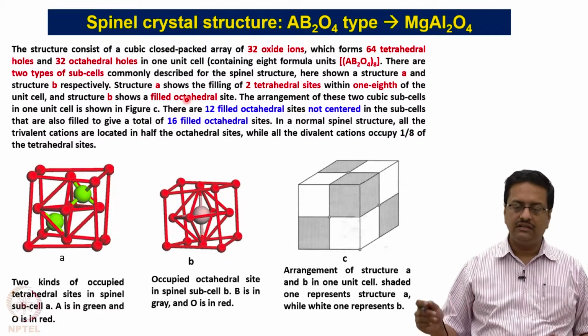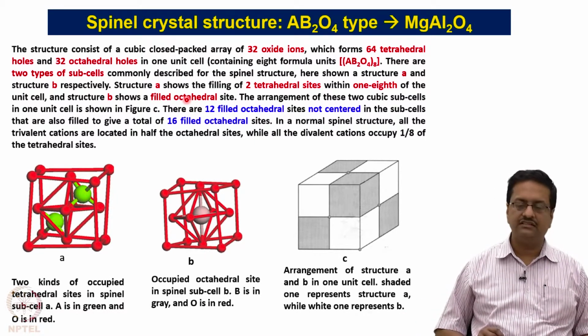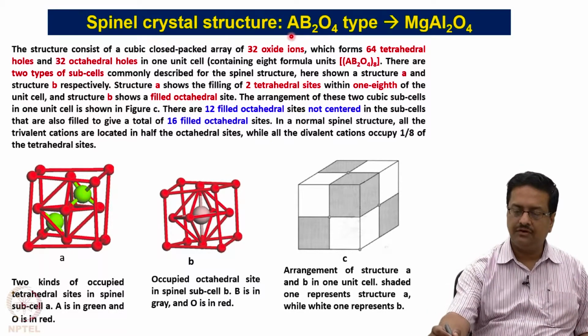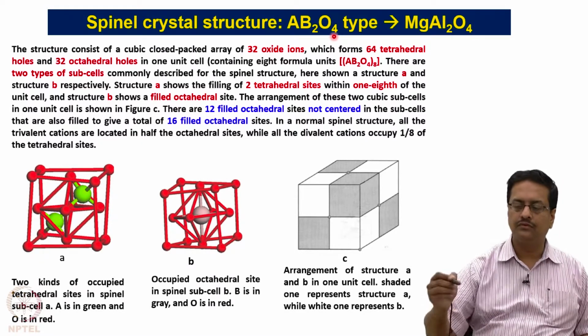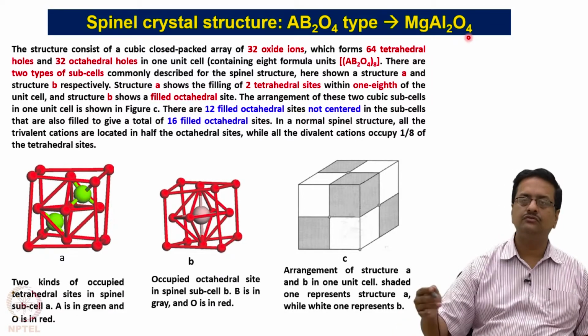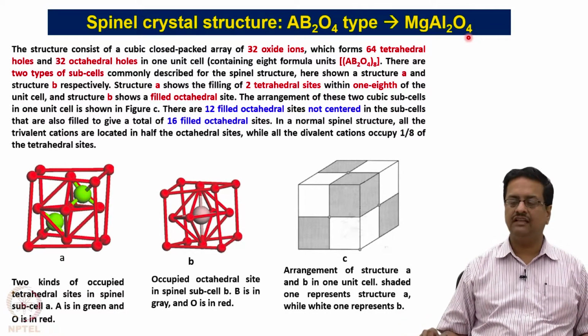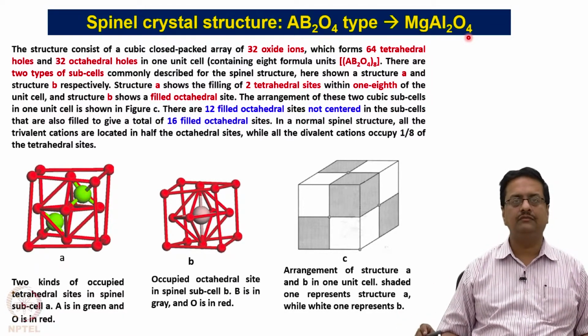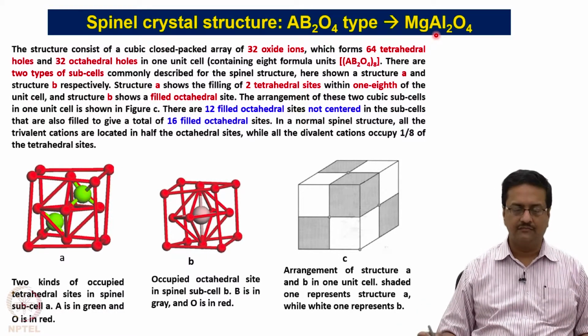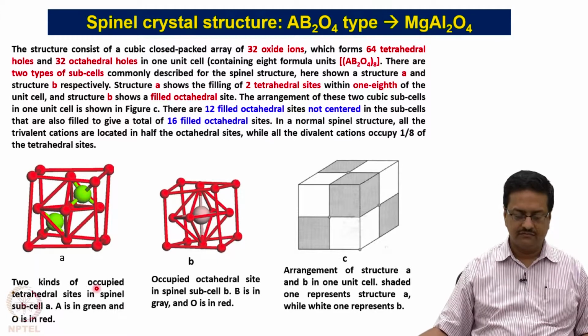So now the last type of structure that we wanted to discuss is the spinel structure. Spinel structures have a general formula of AB2O4. An example of spinel is MgAl2O4. Here the cation A is divalent and cation B is a trivalent cation. In this case, what we have is slightly complicated.